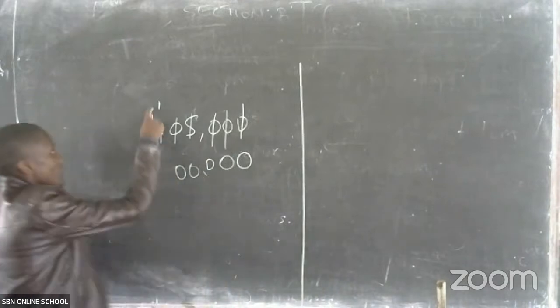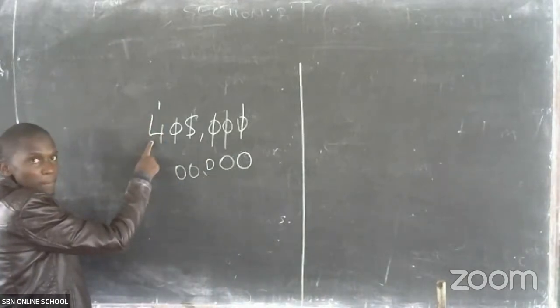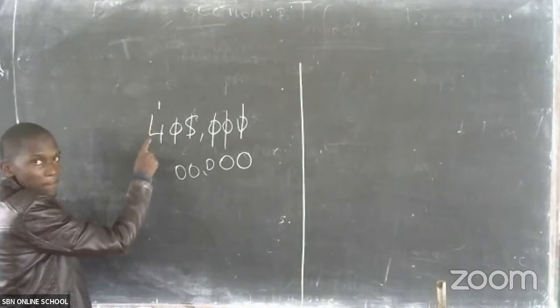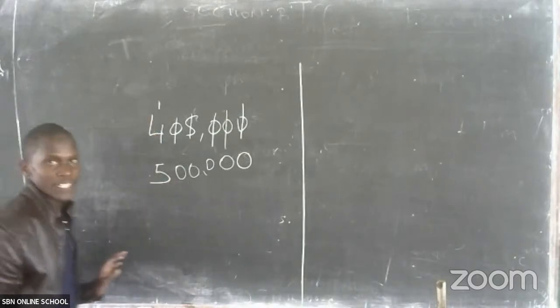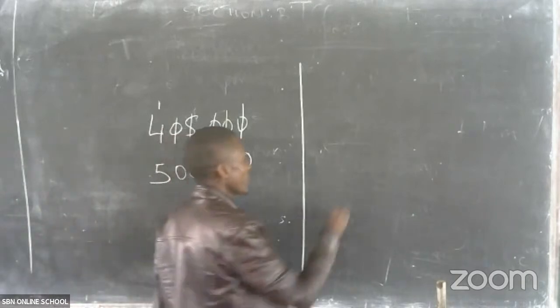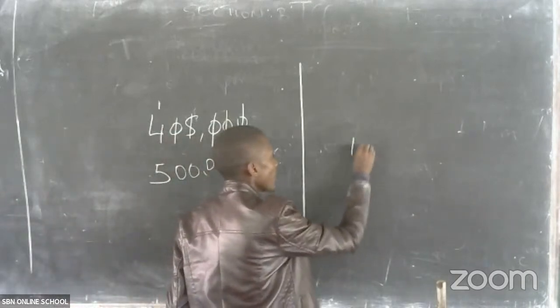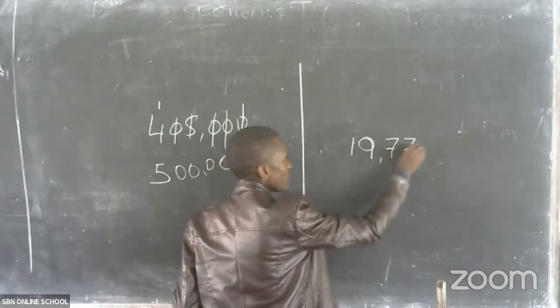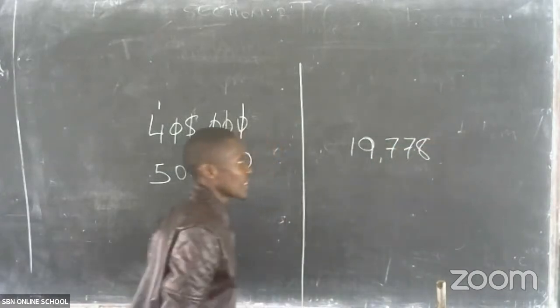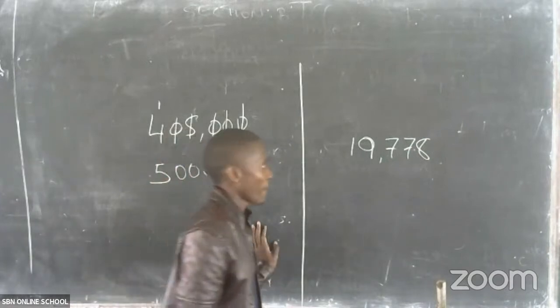Now, this one is going to be what? 5. Now, let us try another example. If at all I have 1, 9, 7, 7, 8 as our highest, what are we going to do?